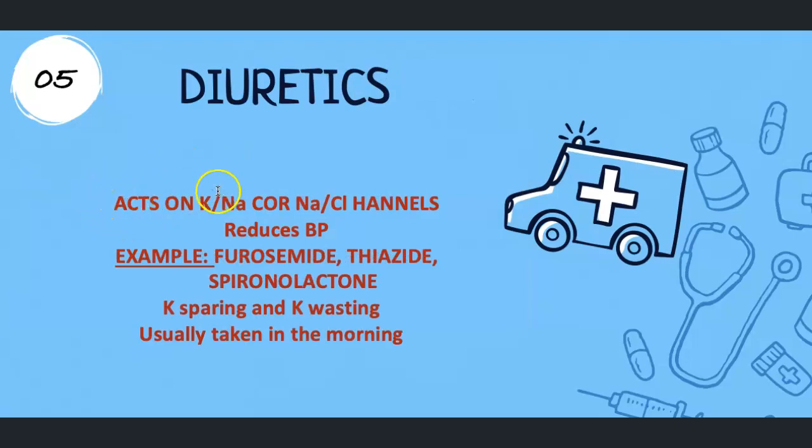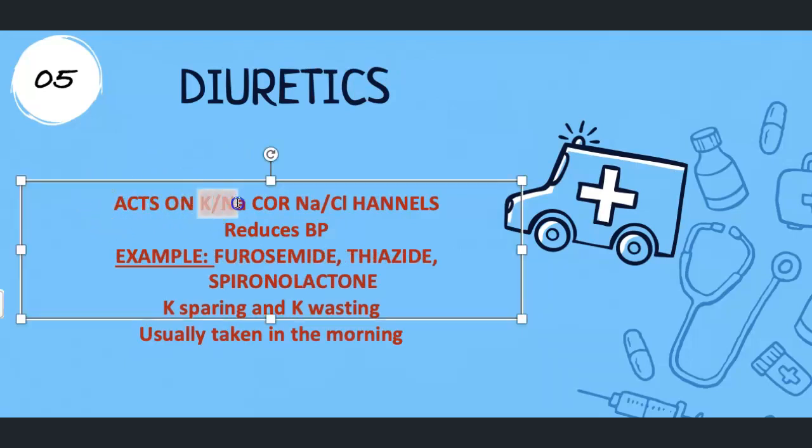Diuretics act on the potassium and sodium channels. There is a group of medications which act on potassium and sodium channels, and other groups which act on potassium and chloride channels.